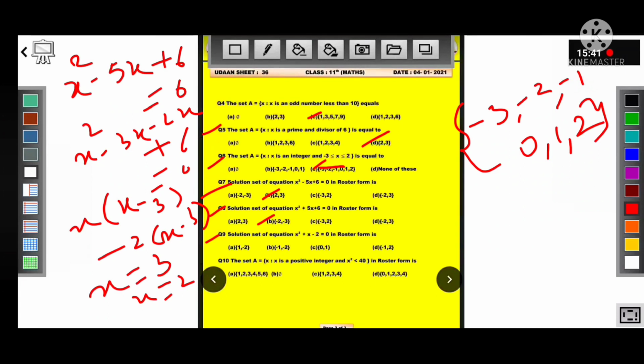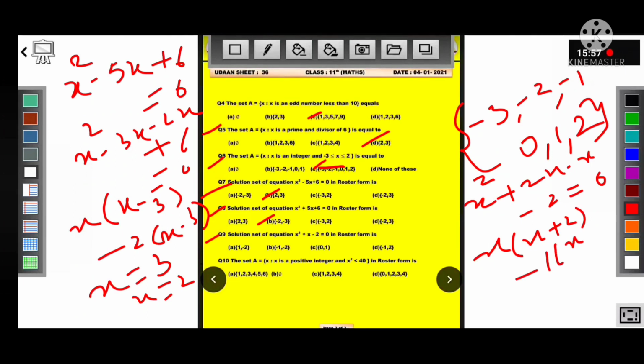This is also done by splitting the middle term, that is x square plus 2x minus x minus 2 is equal to 0. Now (x plus 2)(x minus 1) is equal to 0, that is x is equal to minus 2 and plus 1. So A is the right option.